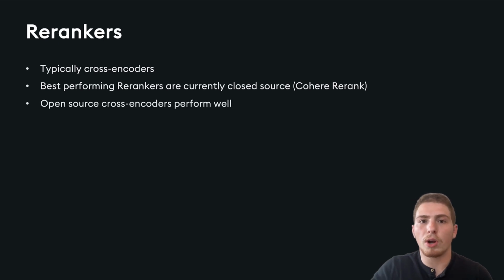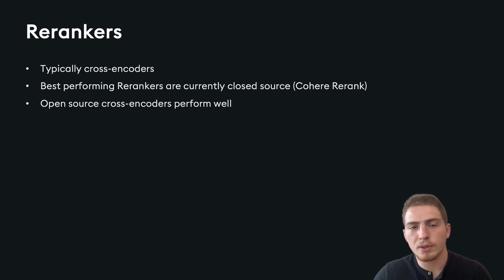But open source cross-encoders perform almost as well, and they have a specific advantage in that you could deploy them on your own infrastructure, which means they're going to give you faster results because closed source re-rankers typically batch requests, and that means they get responses in the tune of like 200 or 300 milliseconds sometimes. With open source cross-encoders, you could deploy it yourself and get those sweet 50 millisecond to 80 millisecond re-ranking results.